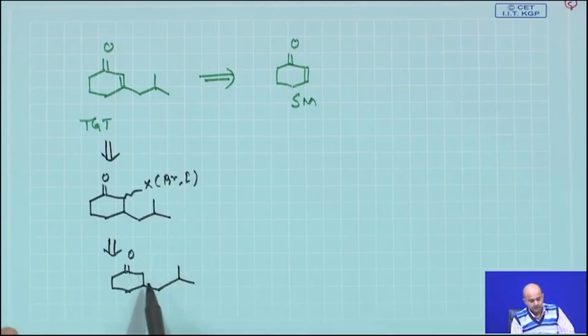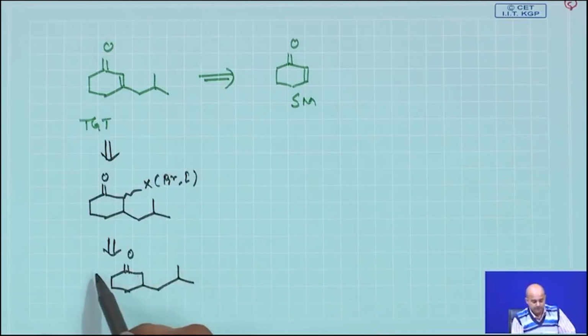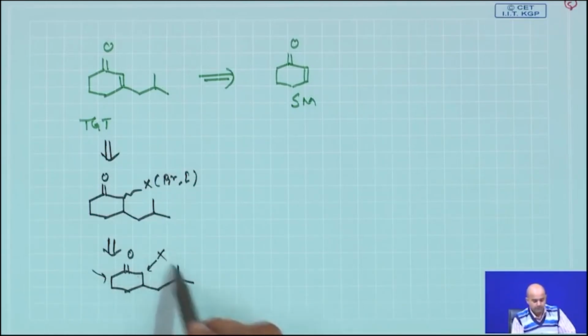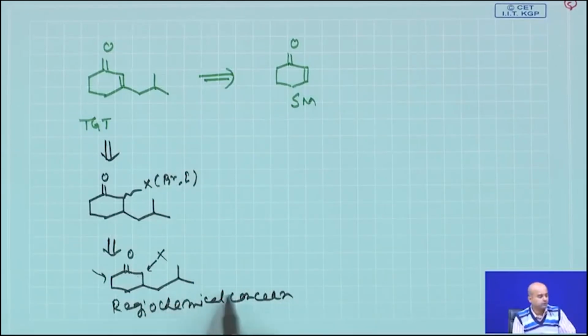The point is the regiochemical issue is a big issue, because your beta position is already blocked by a bulky isobutyl group. Now, introduction of an electrophilic bromine, iodo, or a bulky group like seleno-Ph may occur from this place, not from this place. So, this pathway has a serious regiochemical concern. The regiochemical issues may not be solved if you use this pathway.